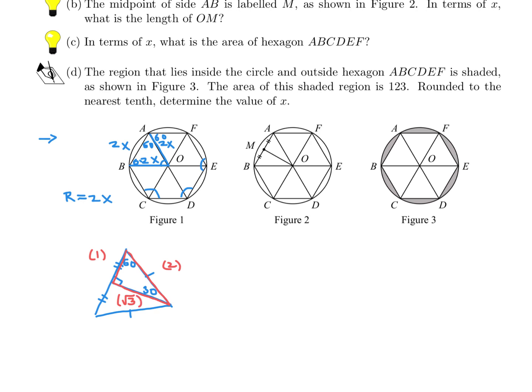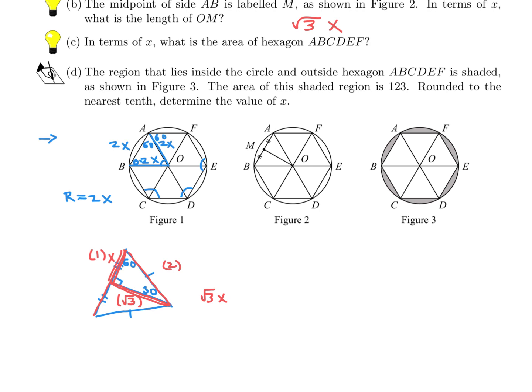And we know already that this side is 2x, so therefore from here to here is x, and therefore this side right here would be root 3x. That's essentially calculated by that ratio. So root 3x is the answer there.